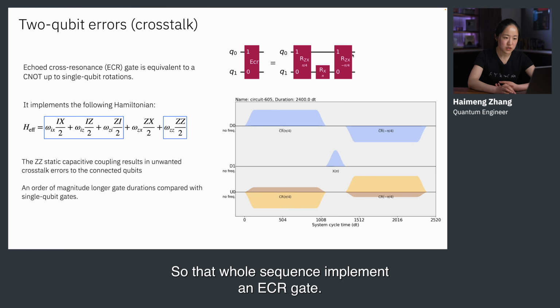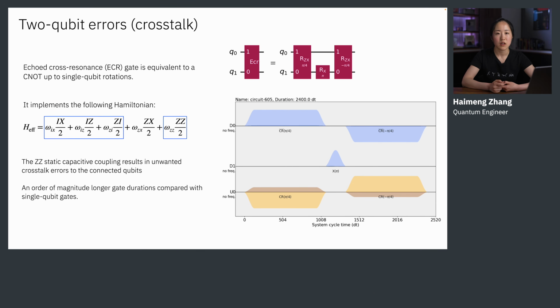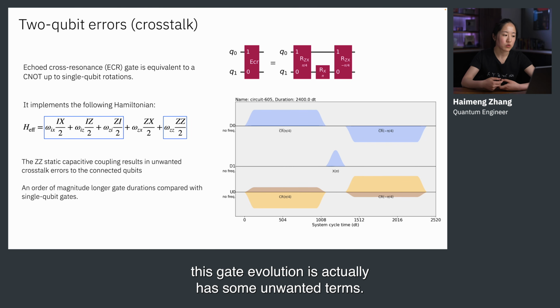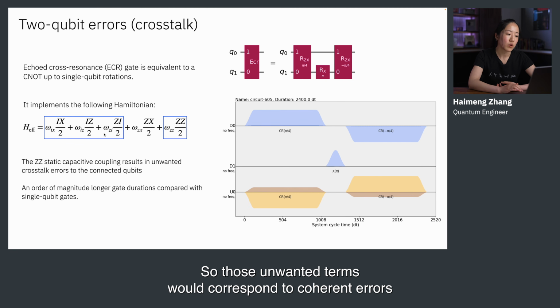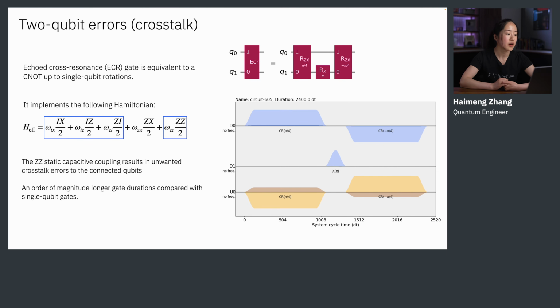That whole sequence implements an ECR gate. But we can see that the full Hamiltonian describing this gate evolution actually has some unwanted terms. Those unwanted terms would correspond to coherent errors if the calibration is not done perfectly.